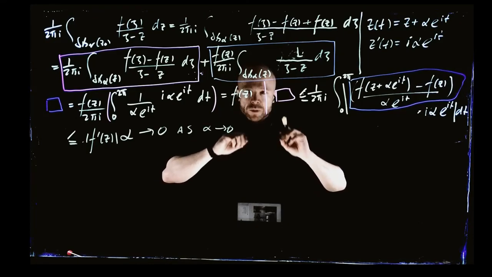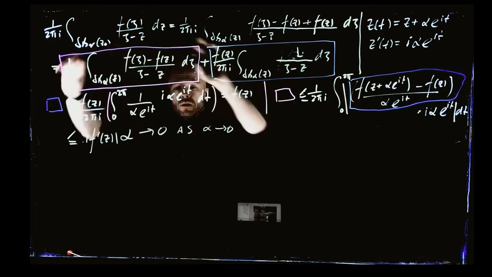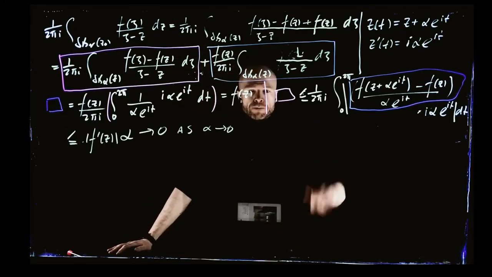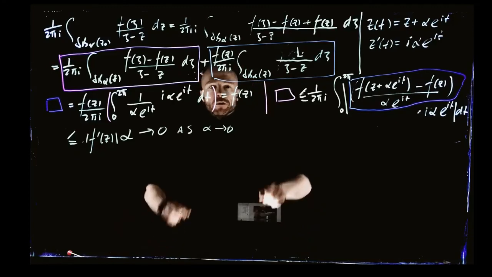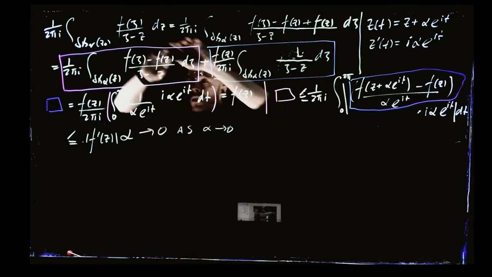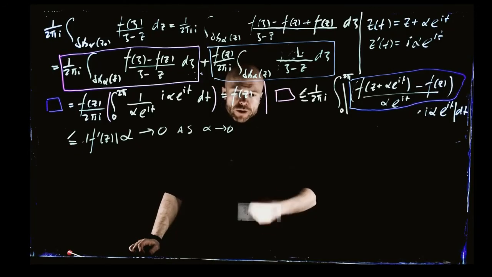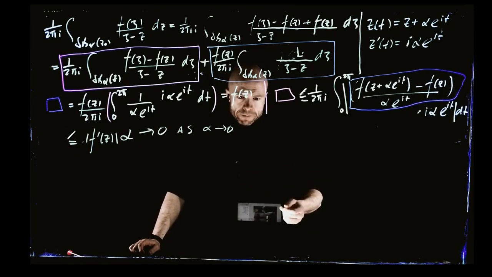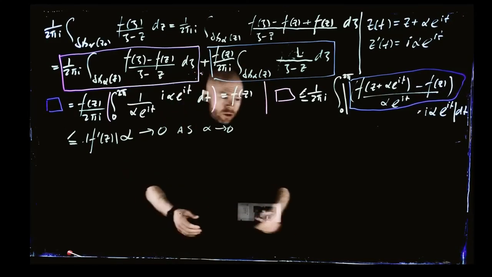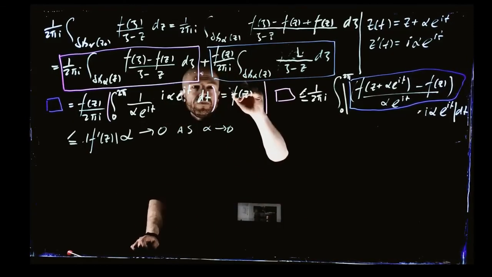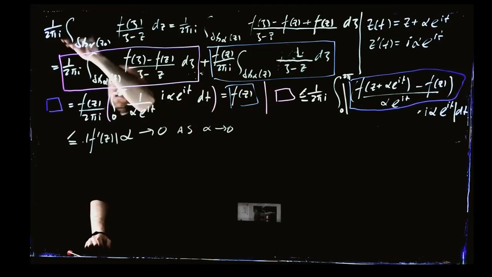Because alpha can be made as small as we like, this thing is not going to play a role. Formally speaking, for any epsilon bigger than 0, we can show the difference between this and this is less than epsilon, and it's true for every epsilon, so these things are actually equal. Everybody with me? Give me a thumbs up. Okay, cool. And that's it. That's the proof of the mean value theorem, right? We've shown that this is equal to this.